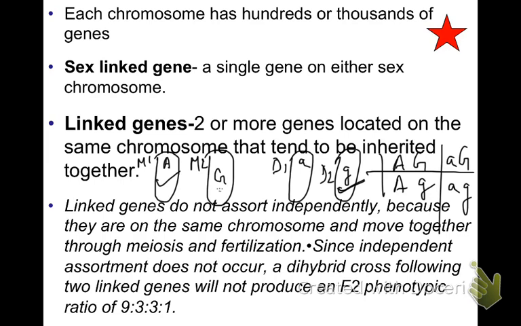Those genes tend to assort independently and give you the ratio of 9:3:3:1. If you need to know more about this assortment, go back and look at the video on Mendelian genetics one more time. But I think I clarified the point fairly understandably for my students.